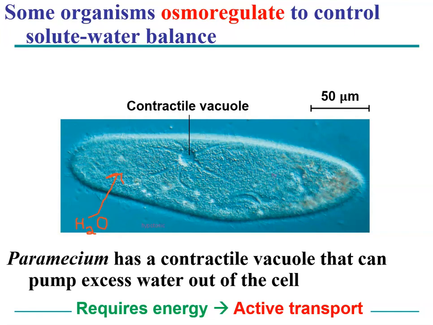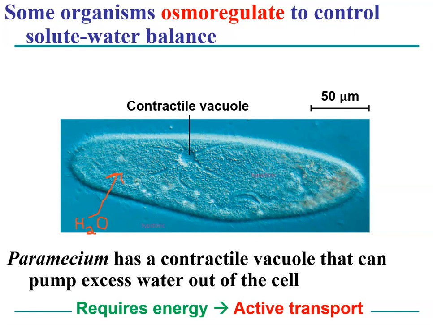You can sort of tell that because of how much stuff you see in the cell inside of paramecium. So that is why the water is going into the paramecium.